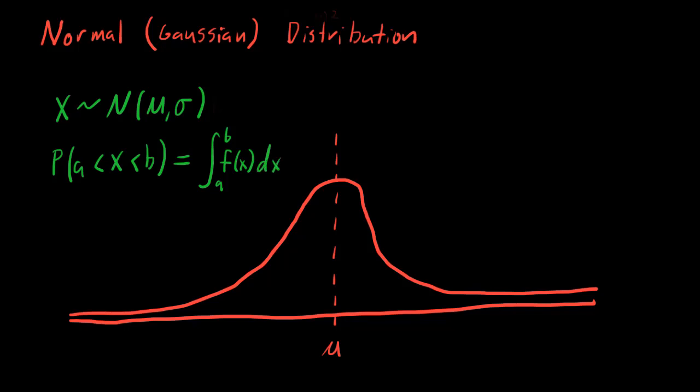And what this probability density function is doing is it's finding the area under our normal distribution or bell-shaped curve from, we'll say a down here, up to b. And this area is then just the actual probability that x is between those 2 points, a and b.